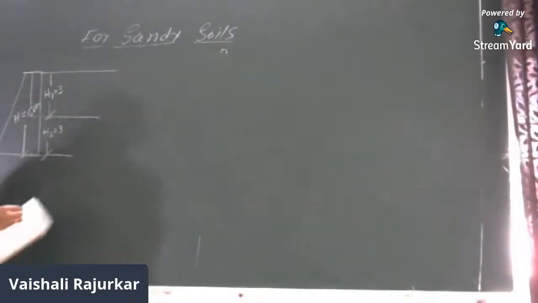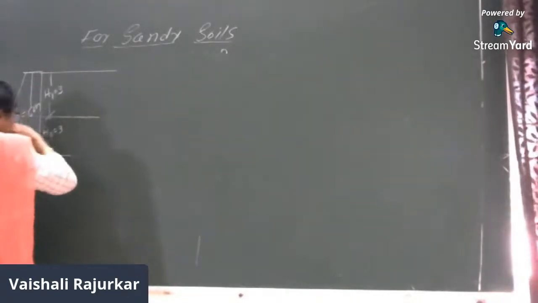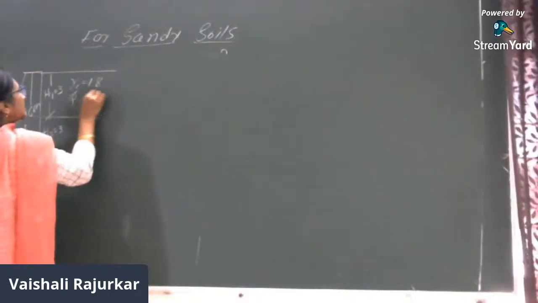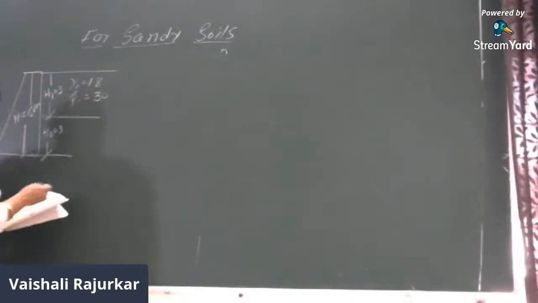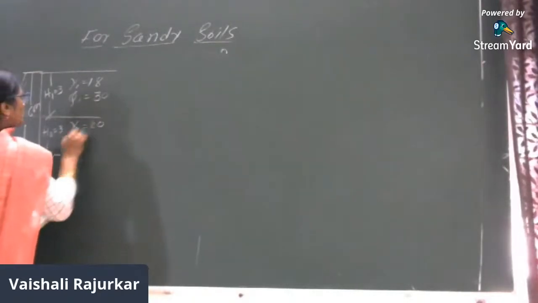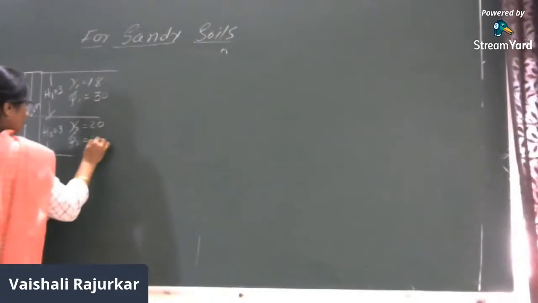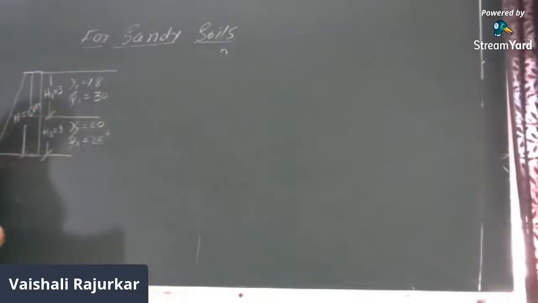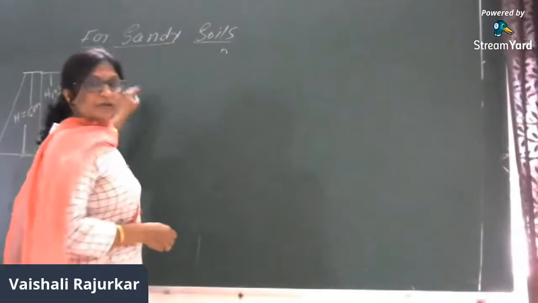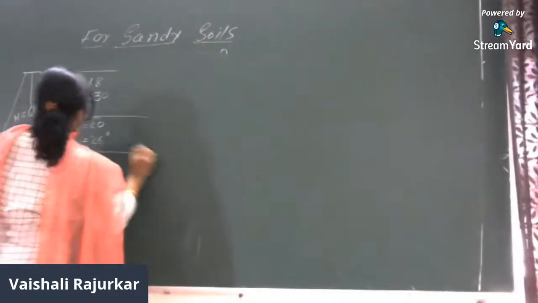Then gamma 1 is 18, phi 1 is 30. Then there is a second layer where gamma 2 is 20 and phi 2 is 26. In this case, the soil layers are of different types. So I will first draw a pressure distribution diagram.